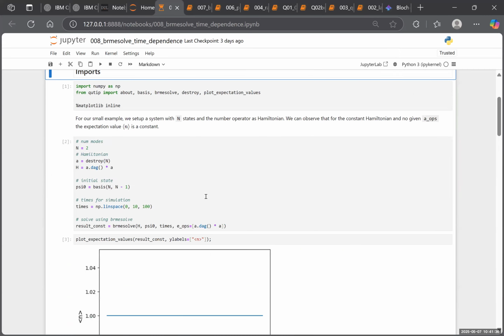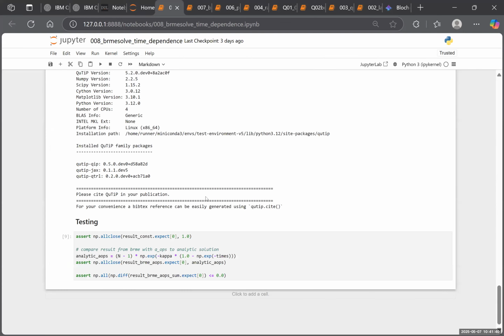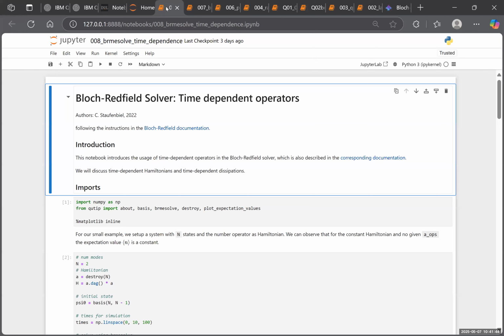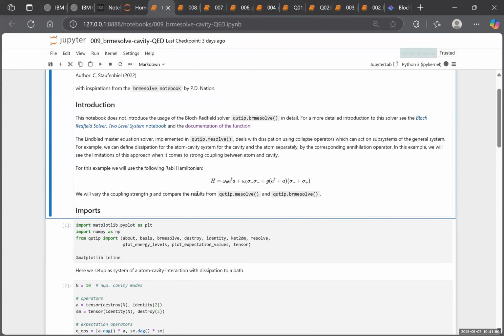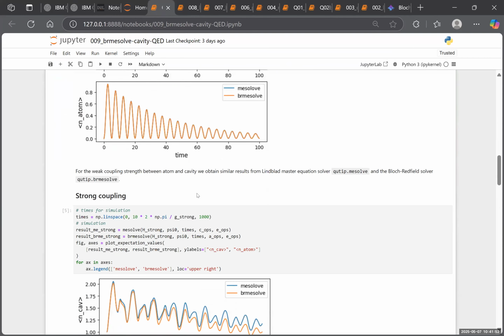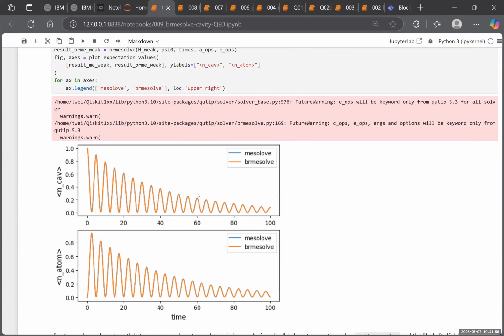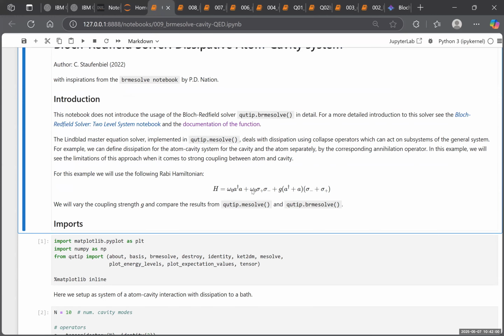Yeah, so let me open the notebook to see if there is a difference between the two different solvers. I've seen a notebook that somehow shows that. This is cavity 3D. Yeah, so there's one case where we have this coupling of the light to the atoms.